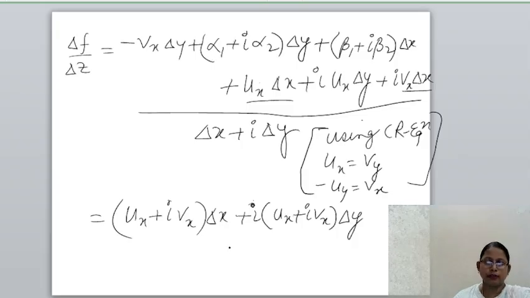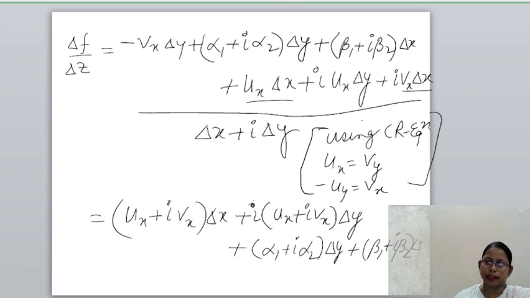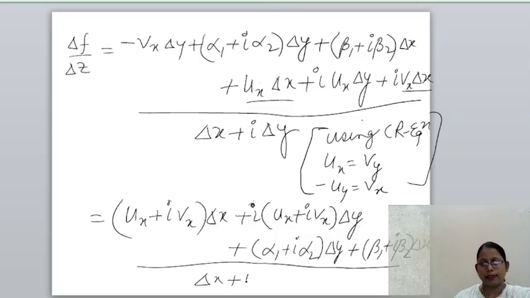So then in the next step, write the remaining terms, this and this. That is alpha 1 plus i alpha 2 delta y plus beta 1 plus i beta 2 delta x divided by delta x plus i delta y.